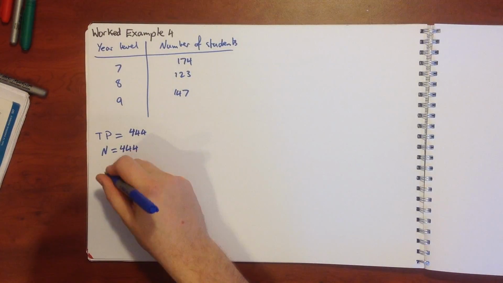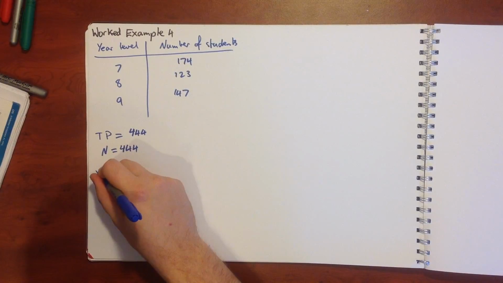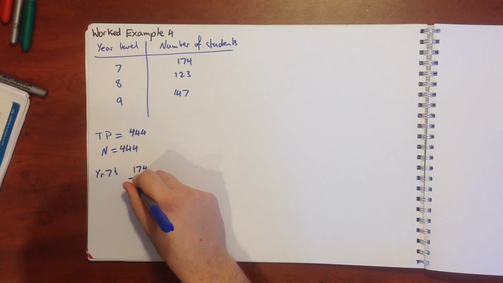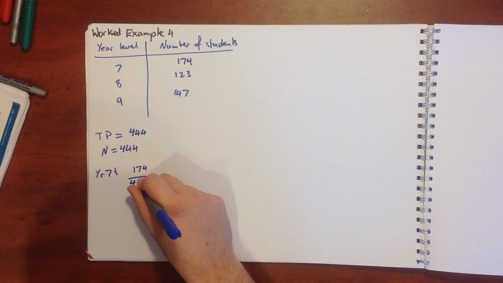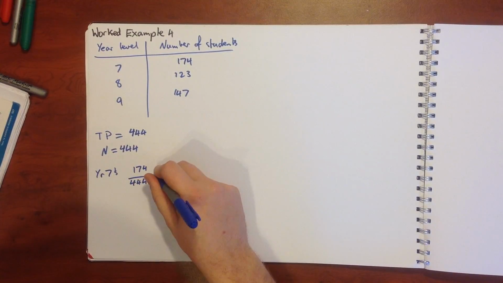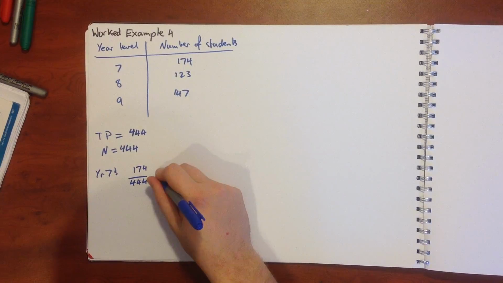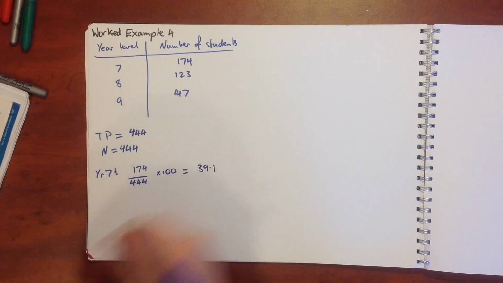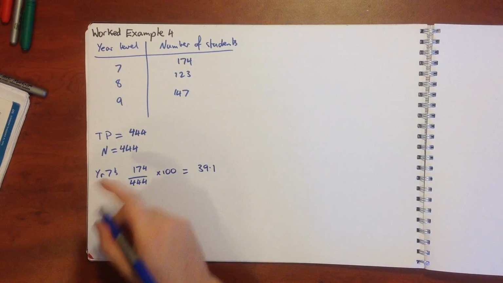So our proportion of year 7s is going to be 174 over 444. If we times that by 100, then we get 39.1. So we should have 39 students surveyed.